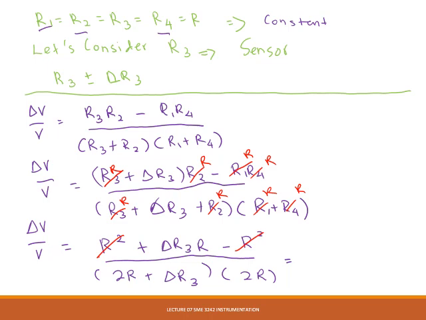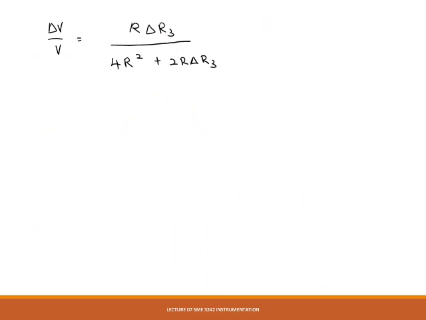So it gives us change of R3 multiply with R divide with 4R square plus 2R change of R3. So we're going to factorize this equation.